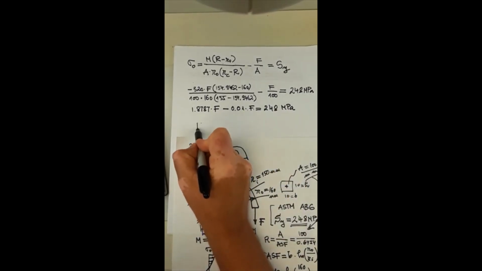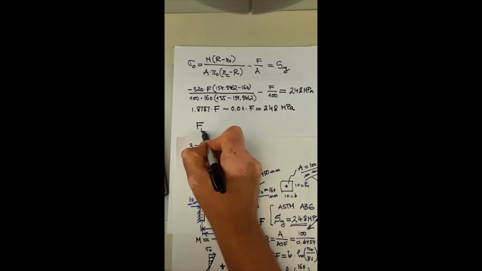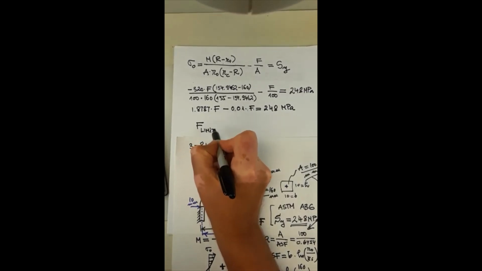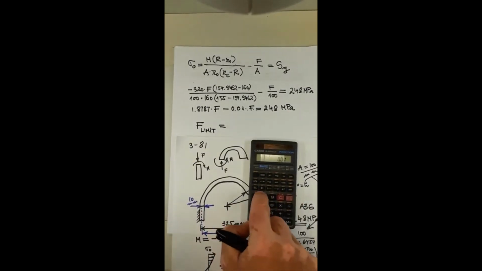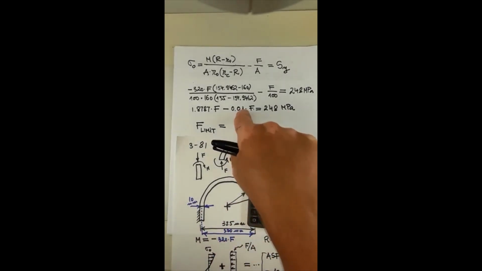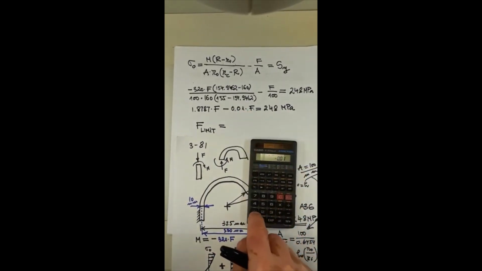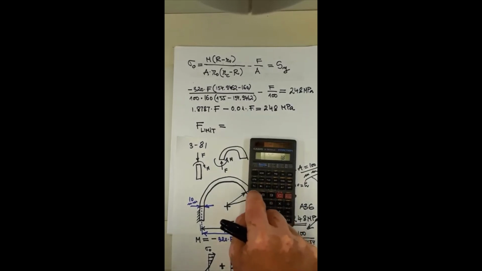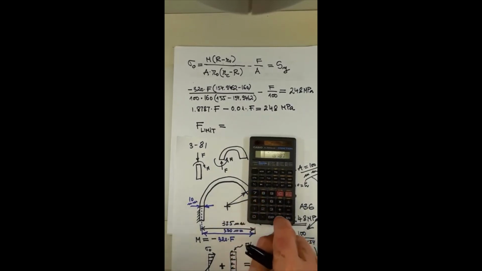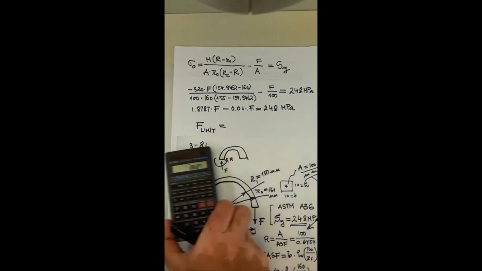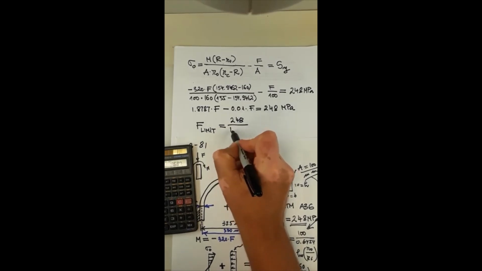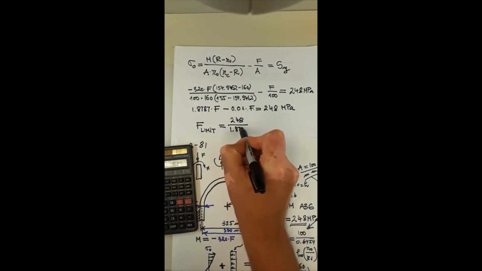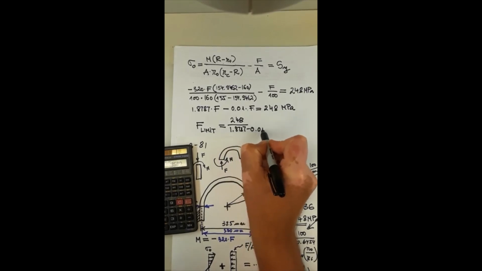Okay, so F maximum, F limit, the answer to the problem, is going to be negative 0.01 plus 1.8787, dividing 248. 1.8787 minus 0.01.